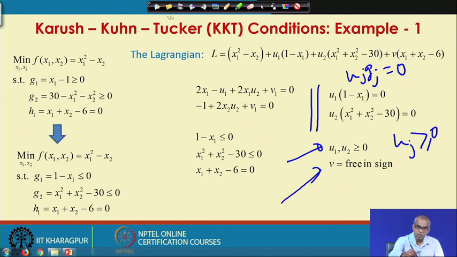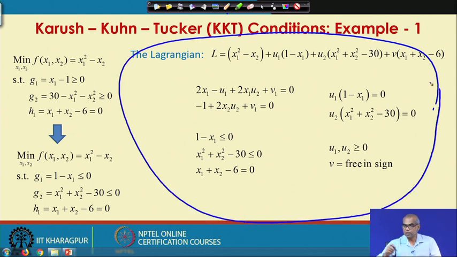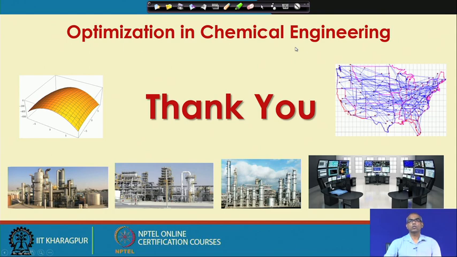So, these are the KKT conditions. These conditions have to be solved, and then you can find x1, x2, u1, u2, v. x1, x2 will be a stationary point if it satisfies all these conditions. With this, we stop lecture 19 here.